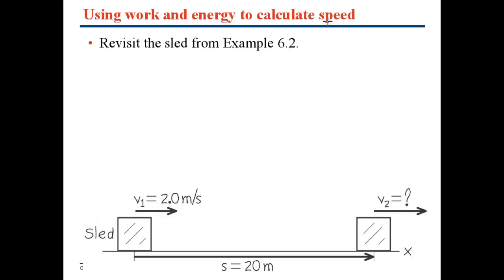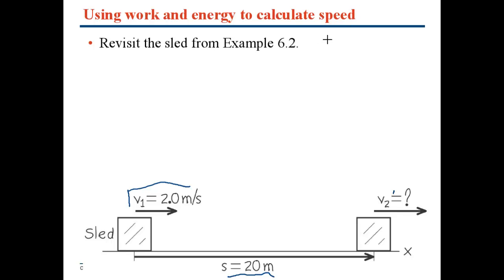Now the problem says, suppose the sled was moving initially with this velocity right here. We've applied our force for 20 meters. What is its velocity at the end?